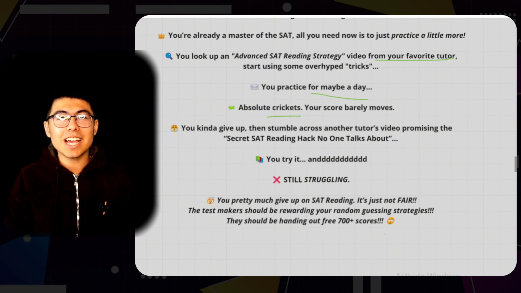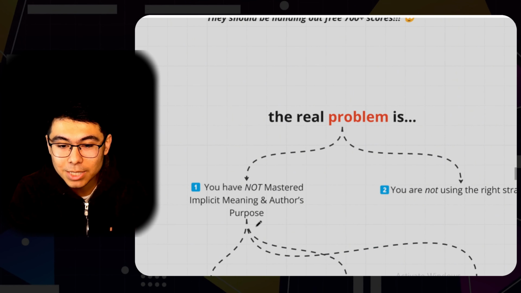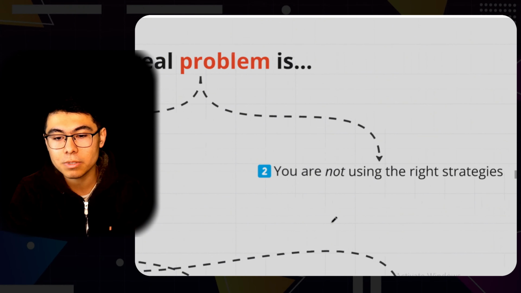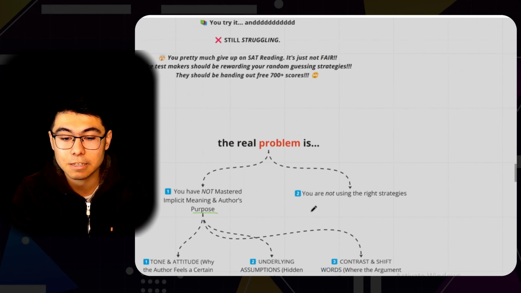They should be handing out free 700 plus scores in the SAT English section, right? That was a joke. So the real problem is that you haven't mastered implicit meaning and the purpose of the author. And the second real problem is that you're not using the right strategies for the SAT.